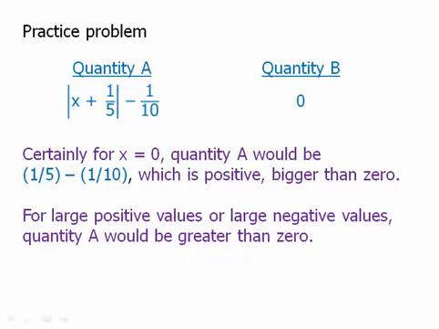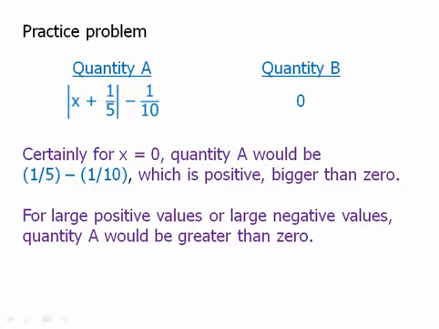If we had a large positive value, say 1,000, or a large negative value, say negative 1,000, either way, adding that little 1/5, that's not going to make much of a difference. We're still going to have an absolute value of something that's in the thousands, and then subtracting a tiny fraction is not going to make a difference. So quantity a would be a big positive number, and it would still be greater than 0.